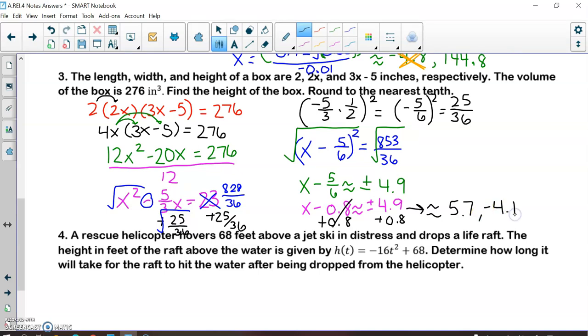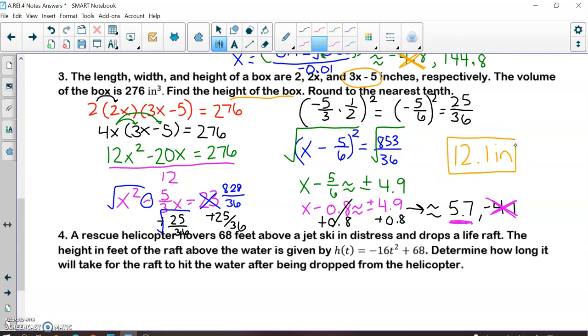Now, x represents part of your width or height, which cannot be negative. So x must be 5.7. But what they want to know is the height of the box, which is this 3x minus 5. So if I do 3 times 5.7 minus 5, I get my height, which gives me 12.1 inches.